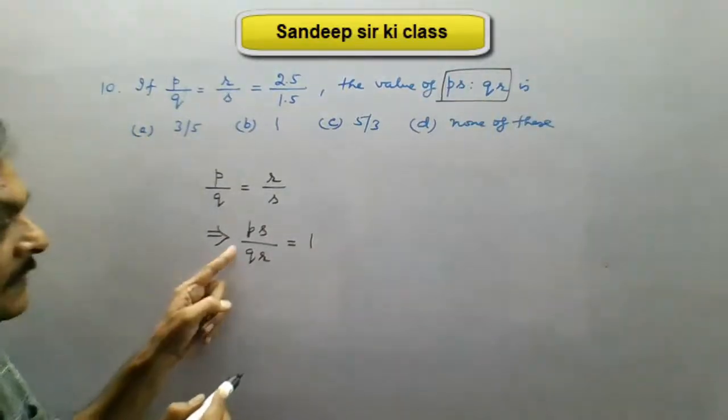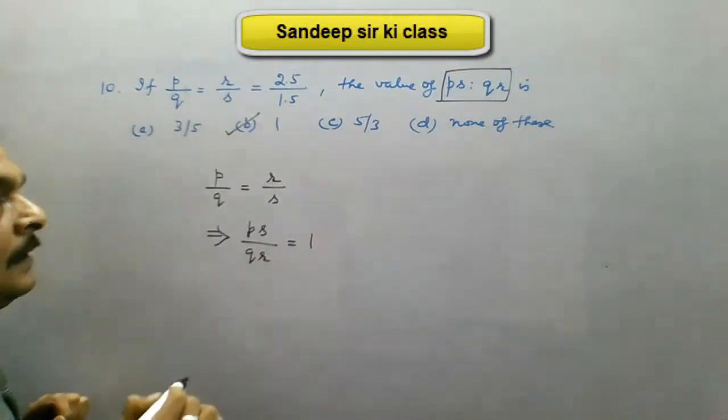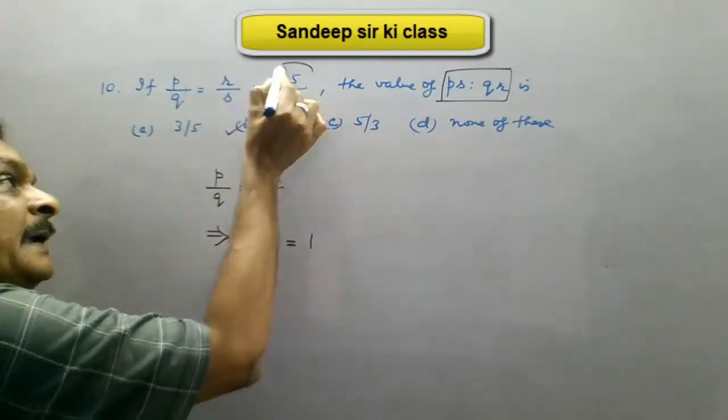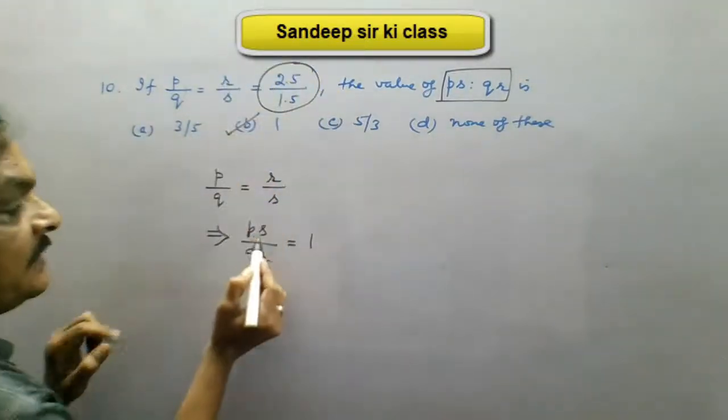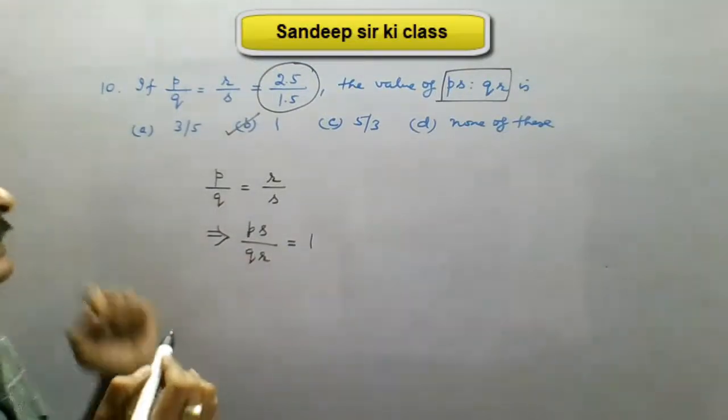So PS ratio QR is 1, our option is B. Now whatever be the values here, this ratio PS upon QR will always be 1.